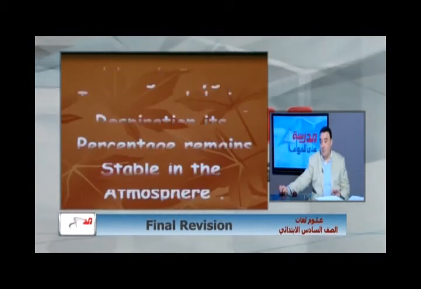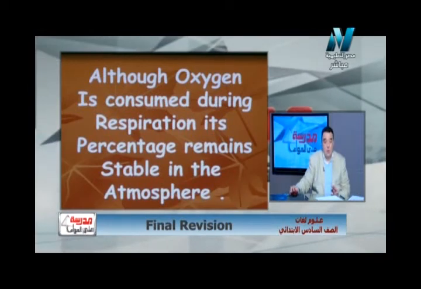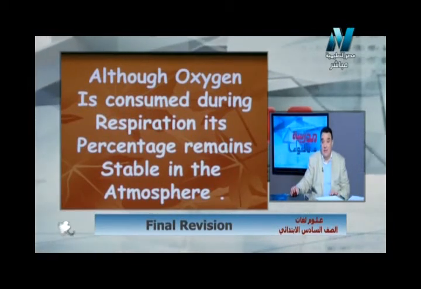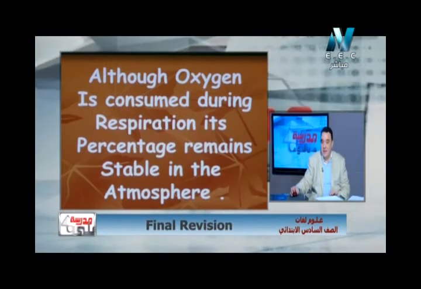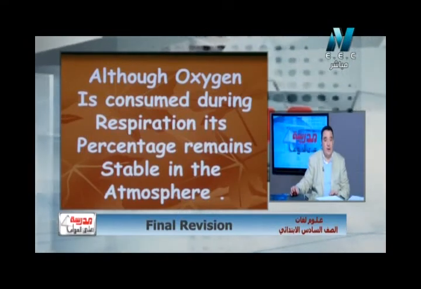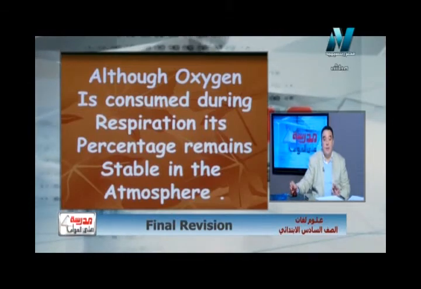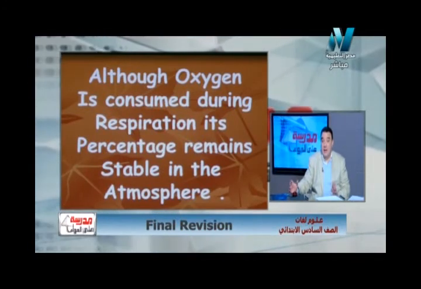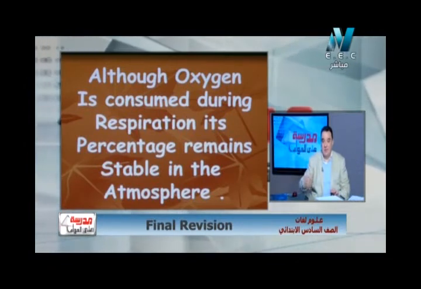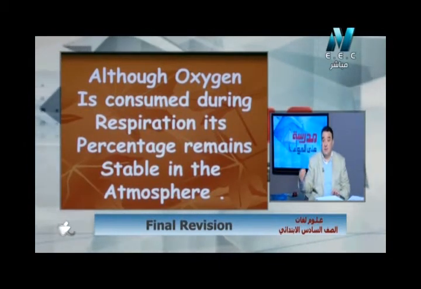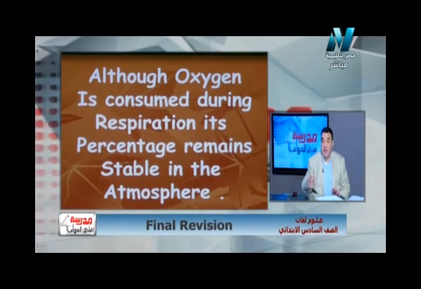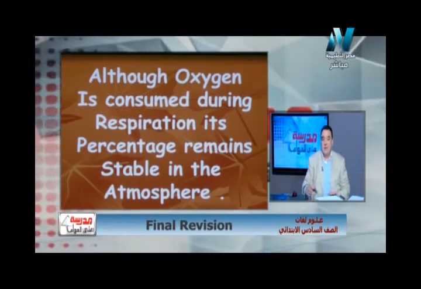Another question. Although oxygen gas is consumed during respiration and burning processes, its percentage is stable in the atmosphere. It's a long question, but it says that although we know oxygen is consumed, used in respiration and in burning, its percentage remains stable in the atmosphere.